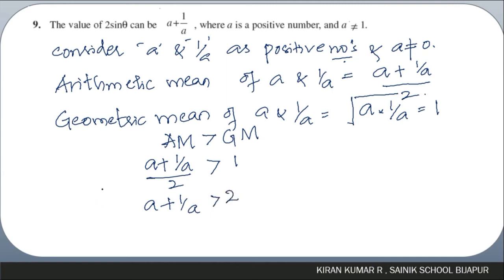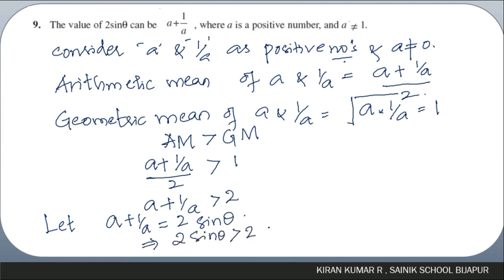Suppose if I consider a plus 1 by a as 2 times sine theta, we get, on comparison, 2 times sine theta is greater than 2. This implies sine theta value is greater than 1, which is not possible.